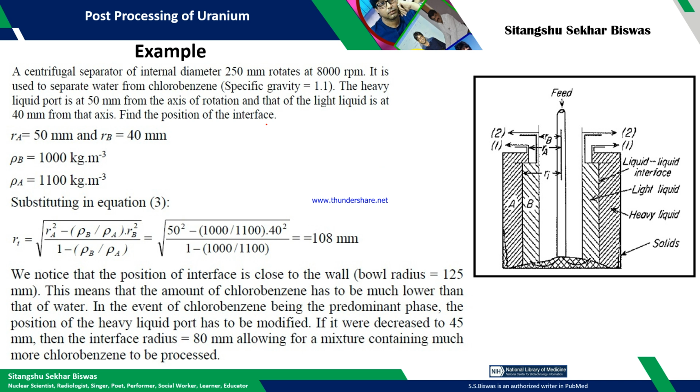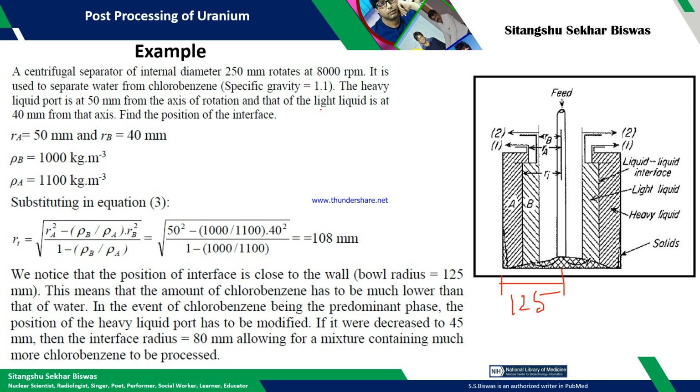Let us take one example: a centrifuge is rotating at 8000 rpm and the diameter is 250 mm, so from the center it is 125 mm. It is used to separate water from chlorobenzene.